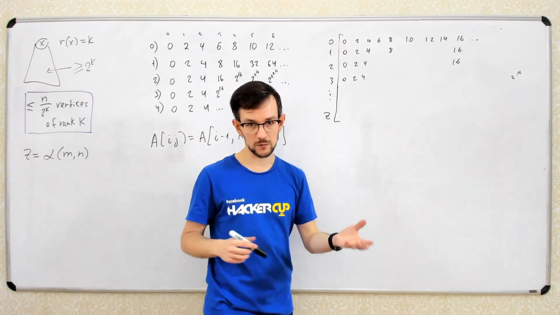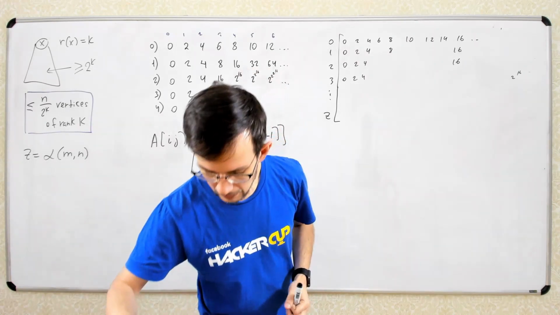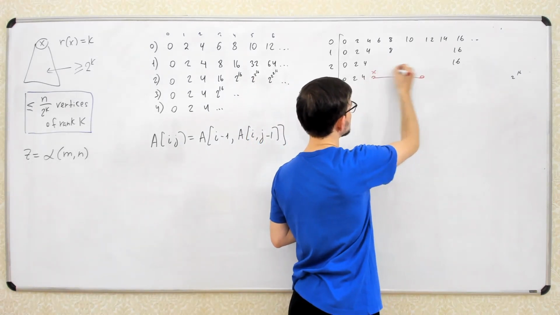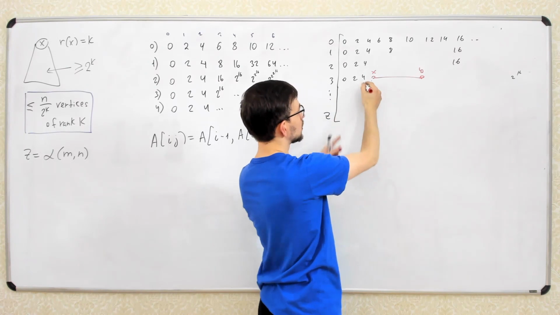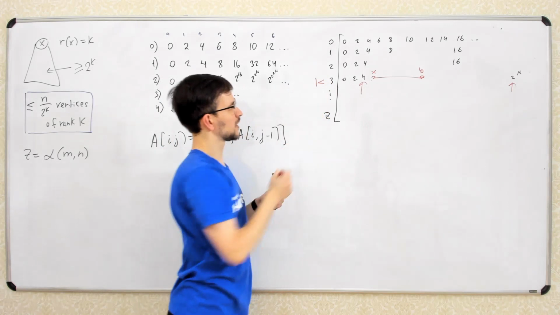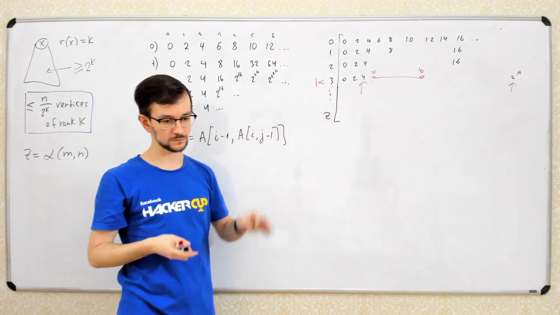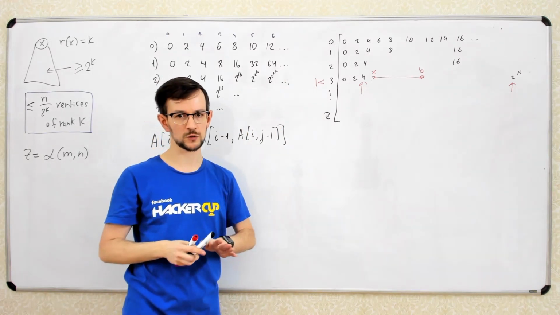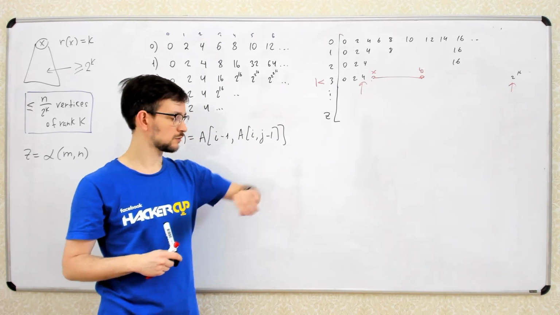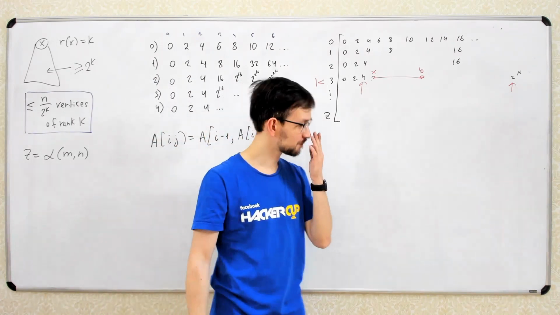We take some edge and assign a class K. If we can put X and Y, this is X, this is Y, between two consecutive values of sequence K, then we say that this edge has class K. Exactly the same definition as before. That's all. Now let's calculate everything.